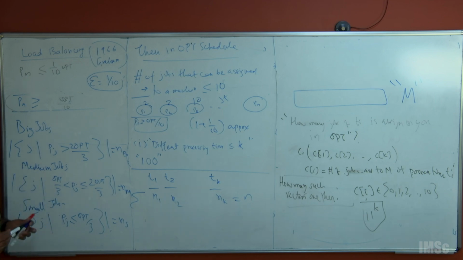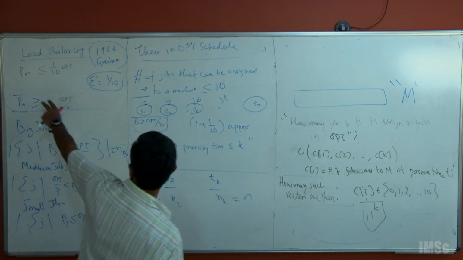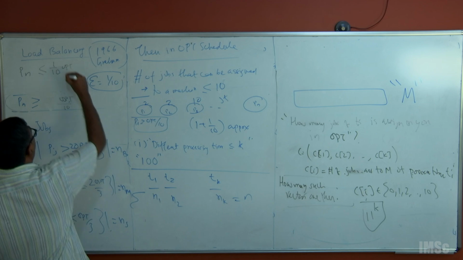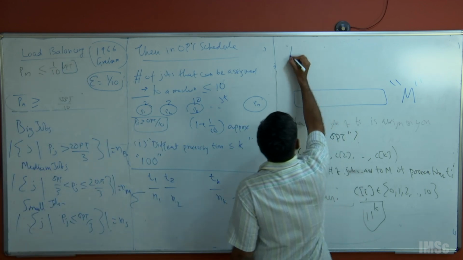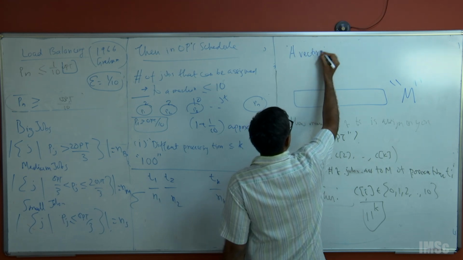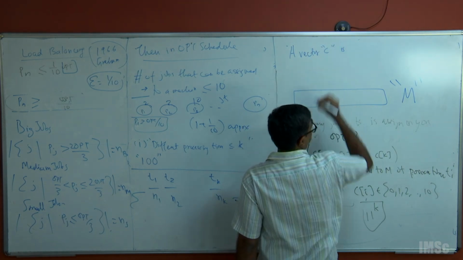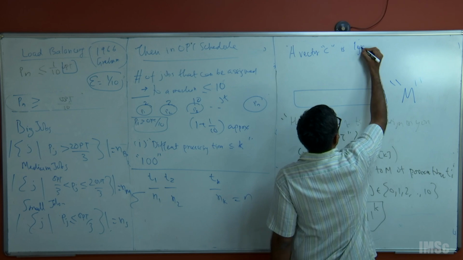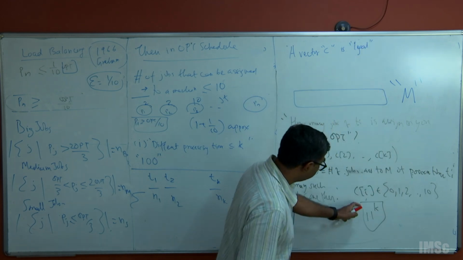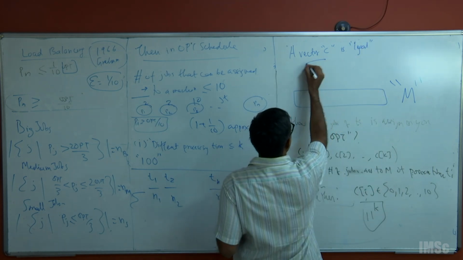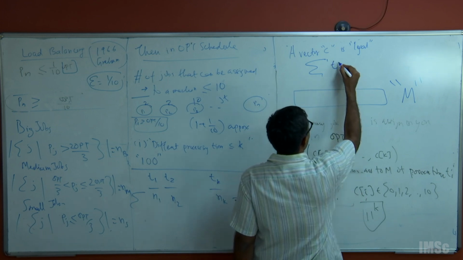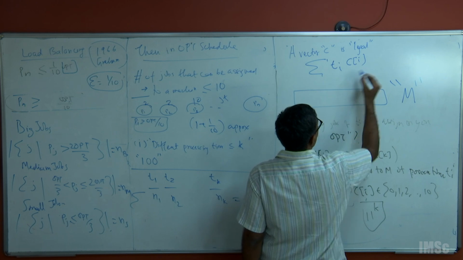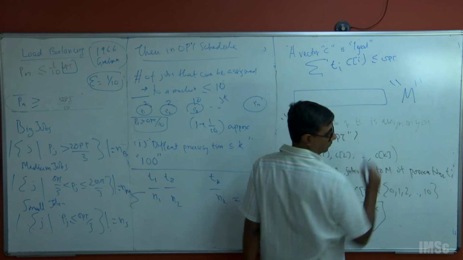Okay, and for now I know what opt is. Now let me define: a vector C is legal if the summation of Ti times Ci is less than or equal to opt.